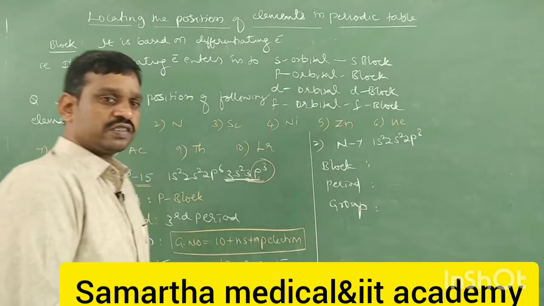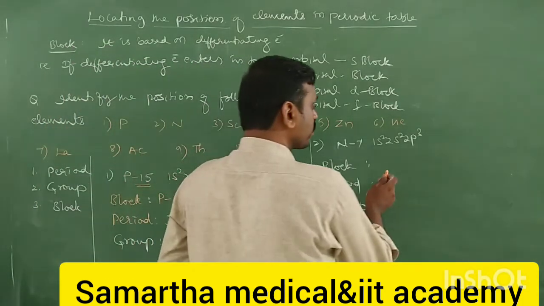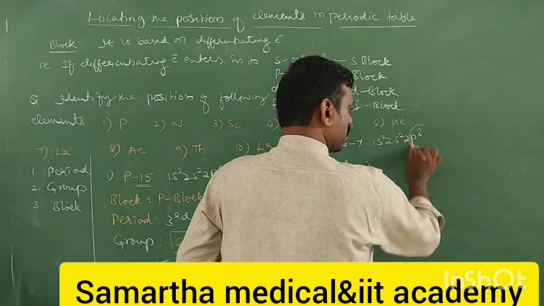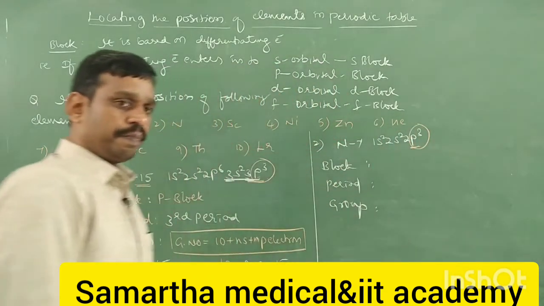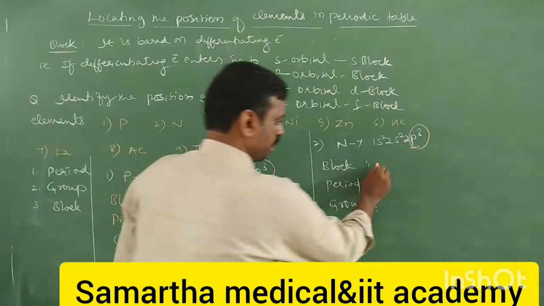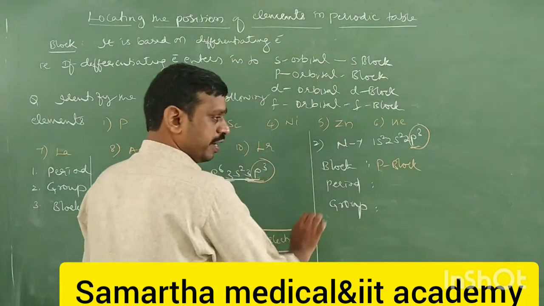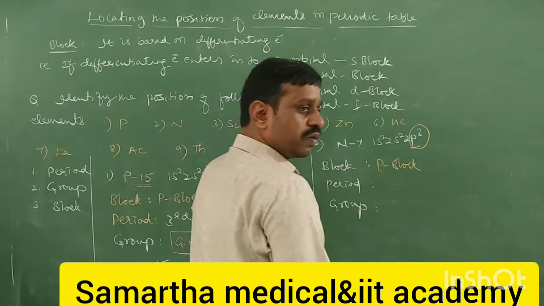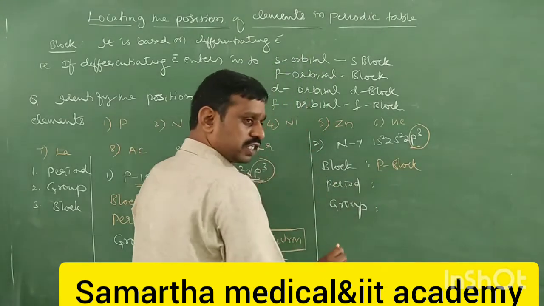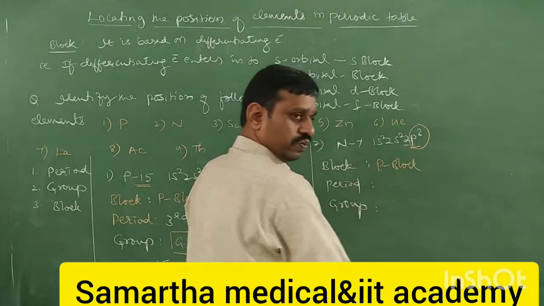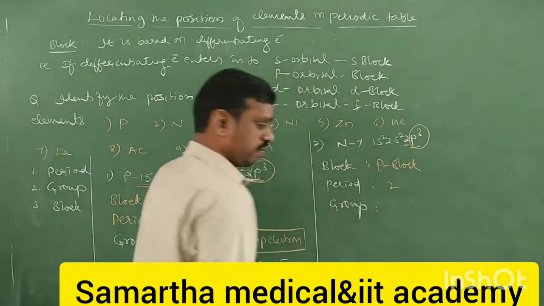Block is p block. Why? The differentiating electron is present in the p orbital, so therefore p block. Next, period. Period number is equal to the maximum principal quantum number, which is 2. Therefore it is the second period.